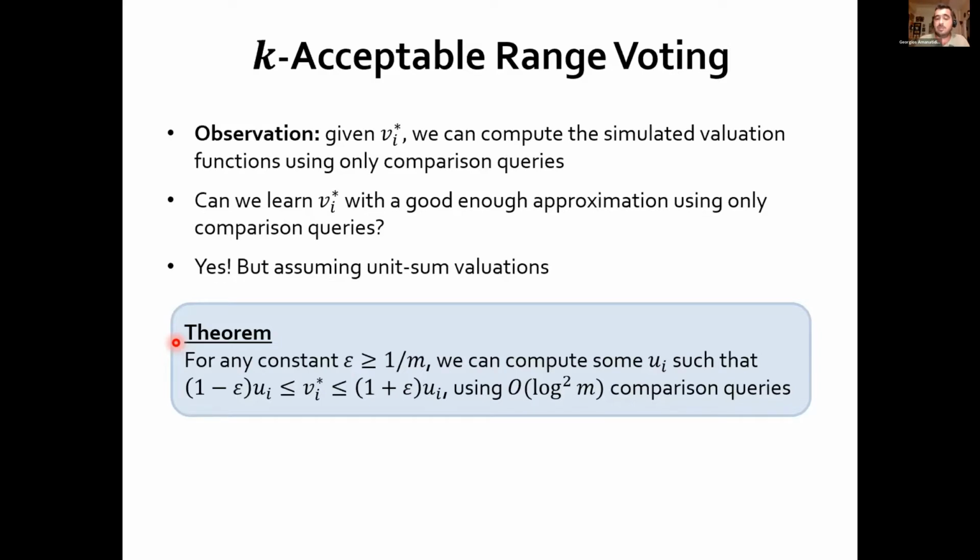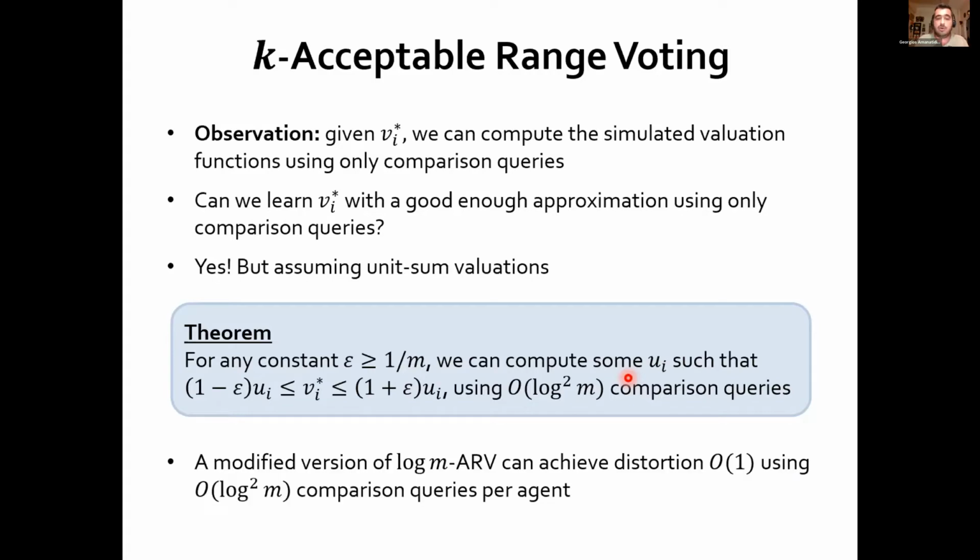So assuming unit sum valuations and using log n binary searches, therefore log squared comparison queries, we can estimate VI star by some quantity UI. And then use this in order to find the simulated valuation functions and essentially do the same thing as before and elect the winner of the simulated social welfare.